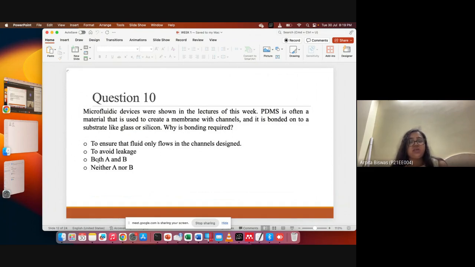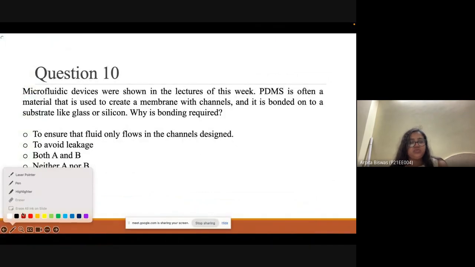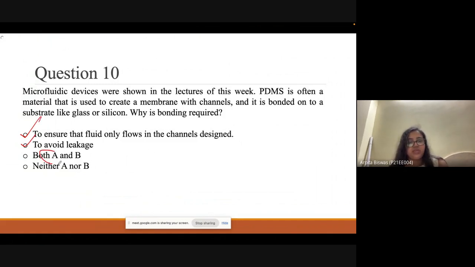So option C is the right option. Both options are right: A and B. Is it clear?